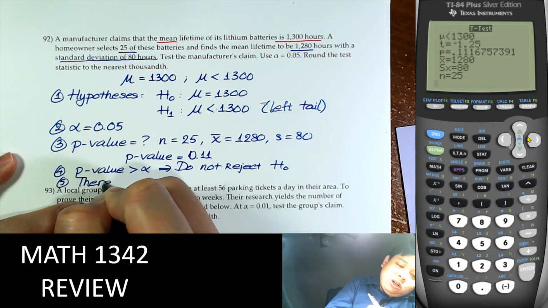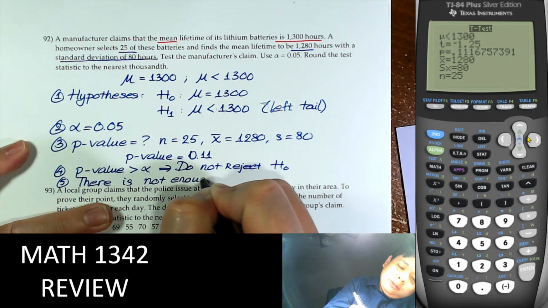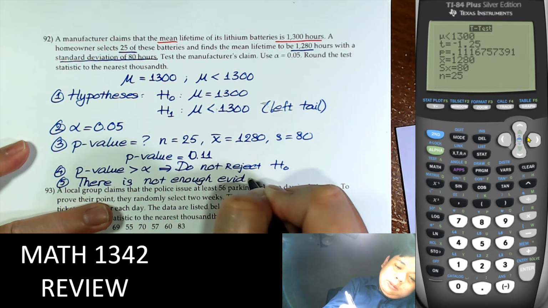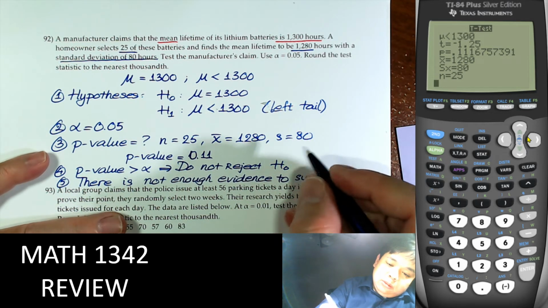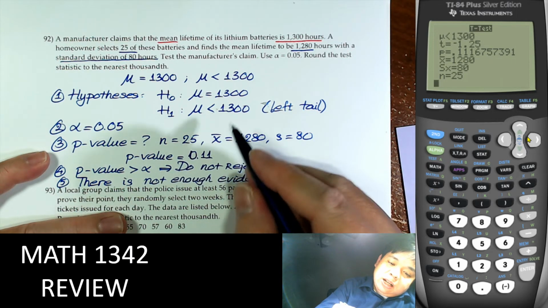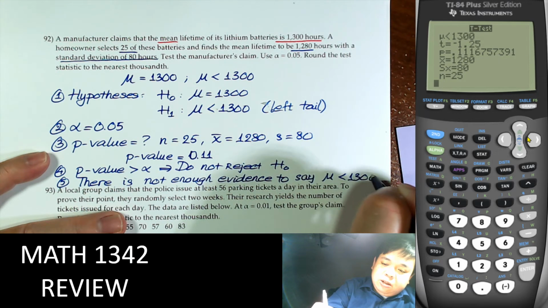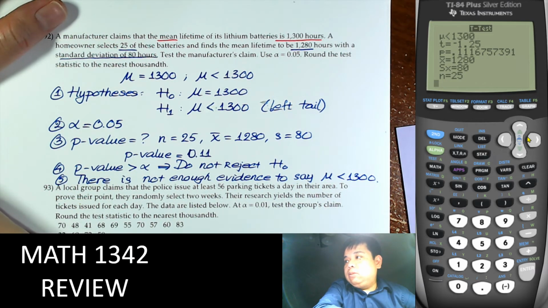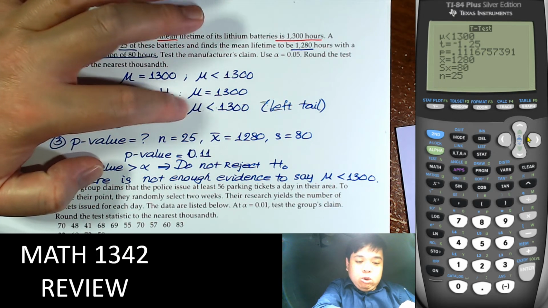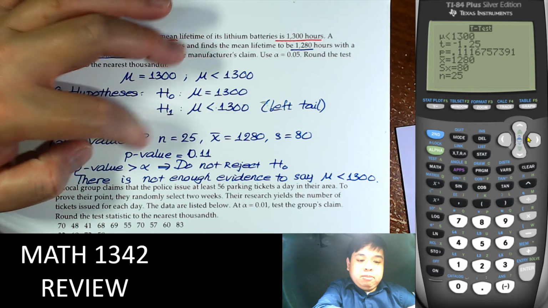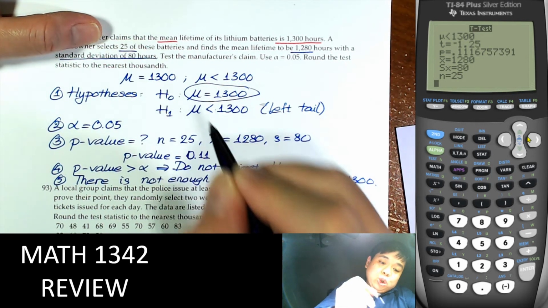There is not enough evidence to say that the mean is less than 1300. We tried to find evidence to support this, but it's not enough because we do not reject H0, so this is still good.